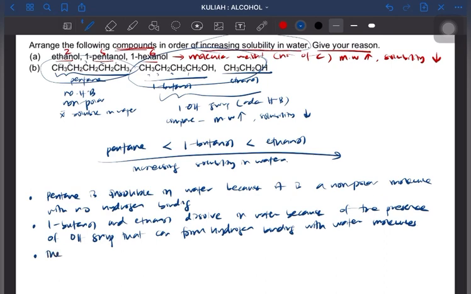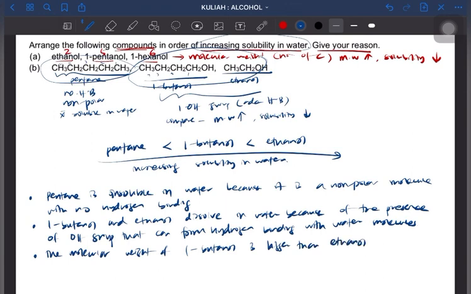the molecular weight of 1 butanol is higher ataupun is bigger than ethanol.